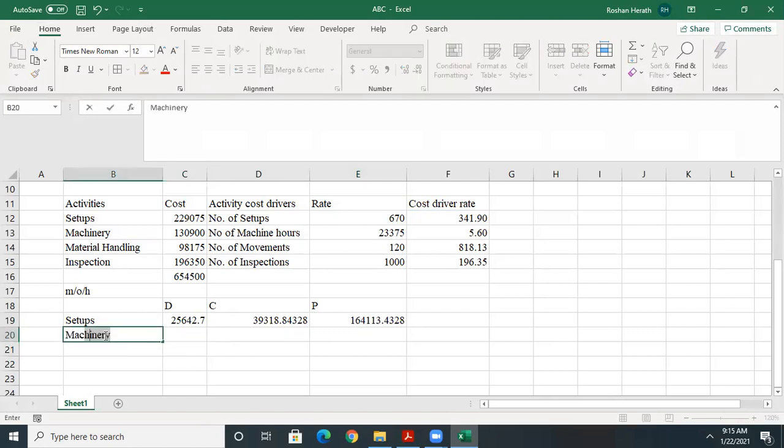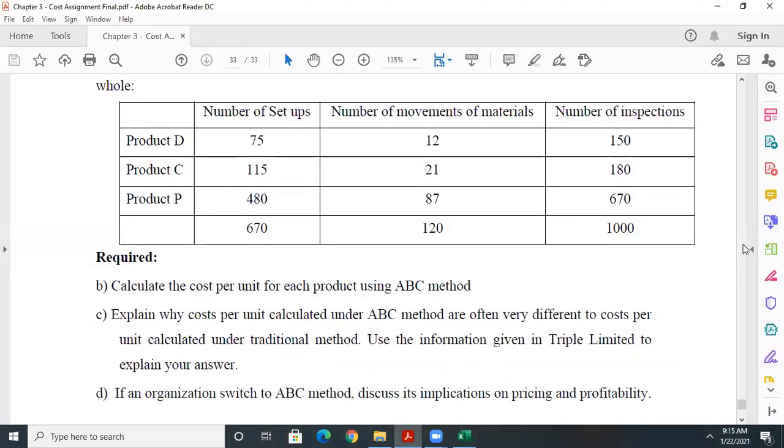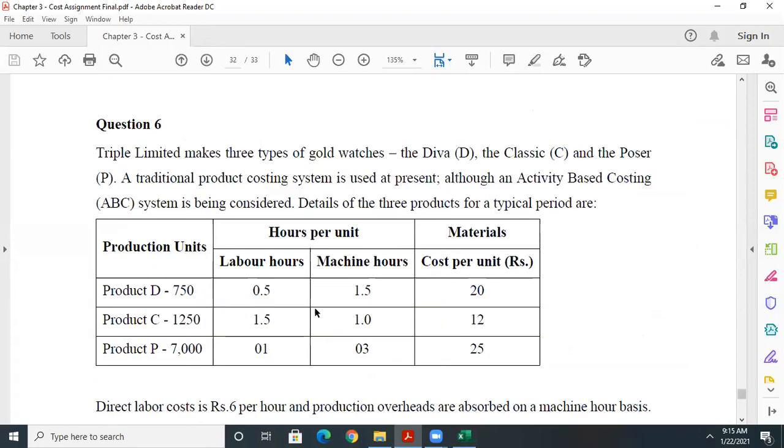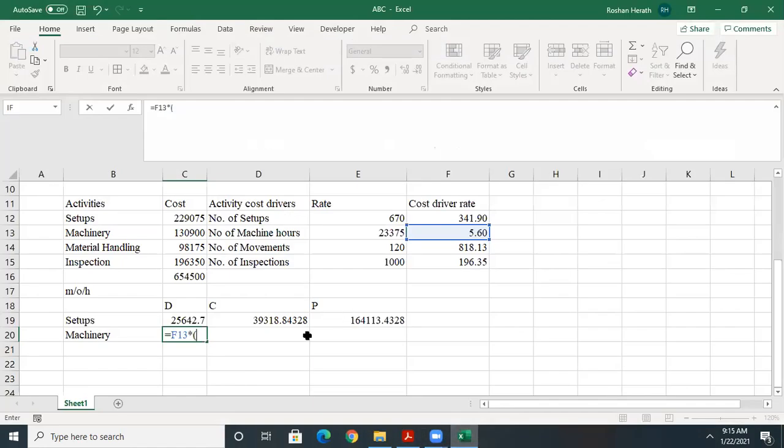Similarly, you can do this for the machinery. It's 5.6 per machine hour. How many machine hours were consumed by product B? That was 715 into 1.5.